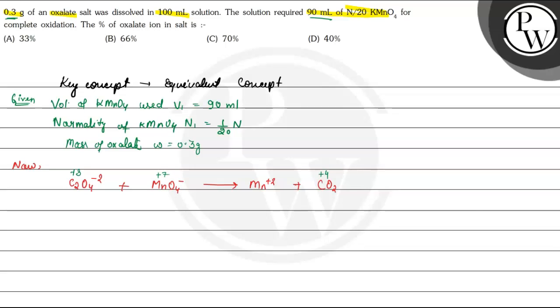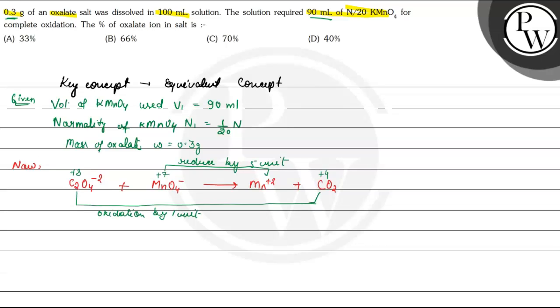So this carbon changes into CO2, and the oxidation number changes by 1 unit, while for manganese it changes from plus 7 to plus 2, that is, reduced by 5 units.